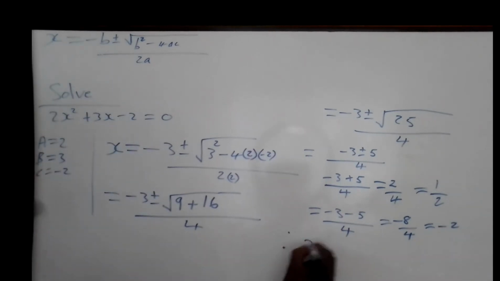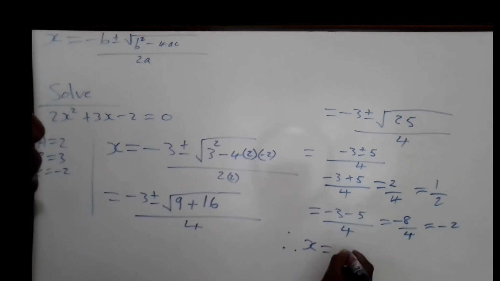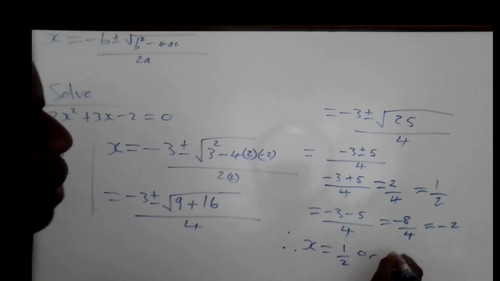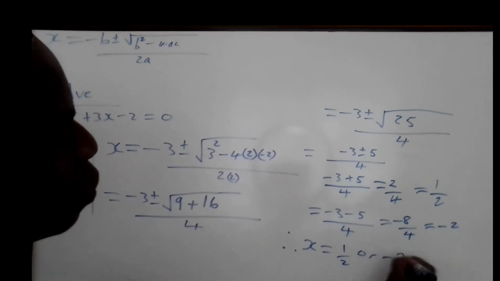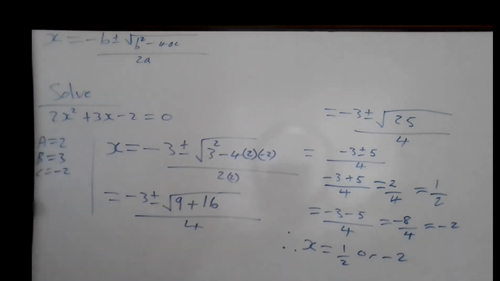Therefore, x equal half, or x equal -2. So we have 2 answers. Yes. So this is how we solve quadratic equations using the quadratic formula. And wonderful. This brings us to the end of another wonderful and informative lesson.